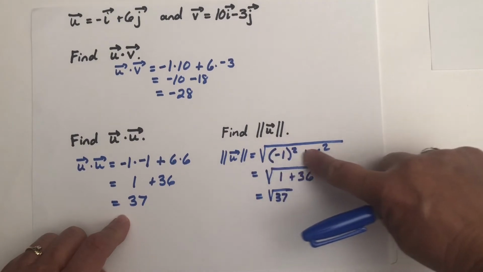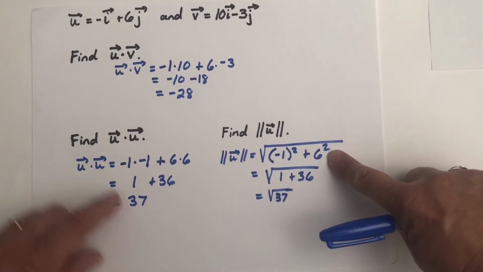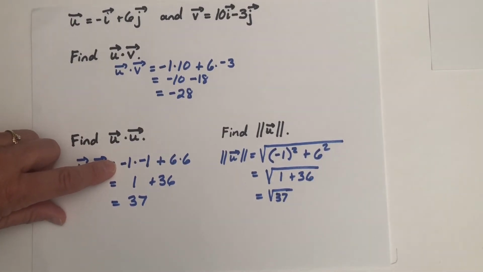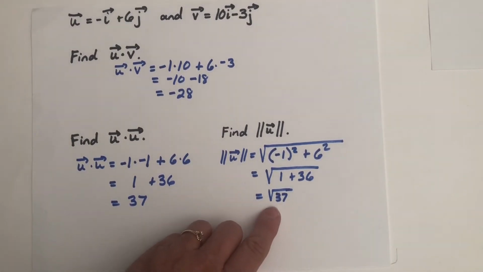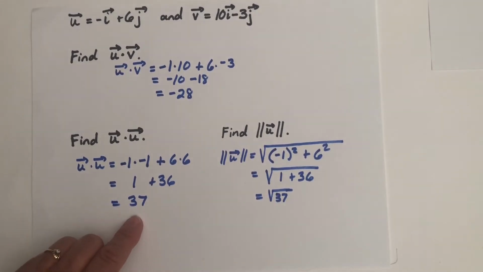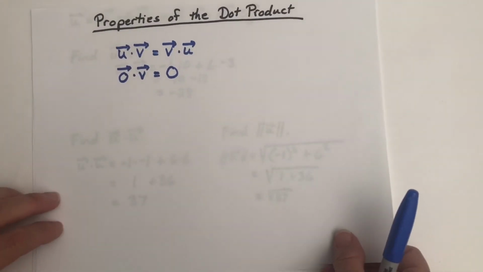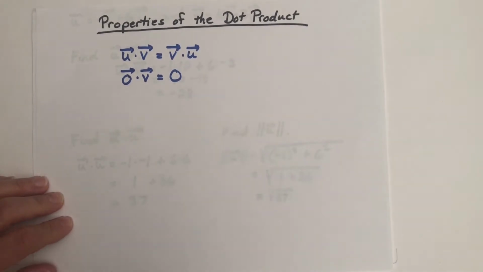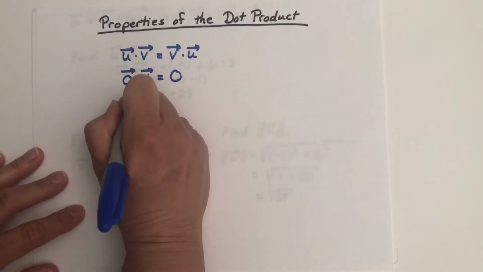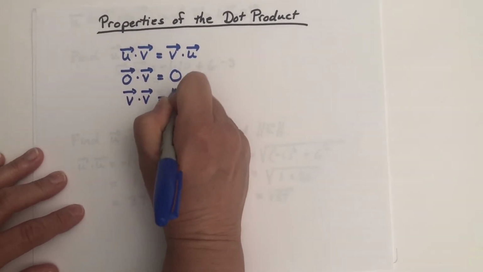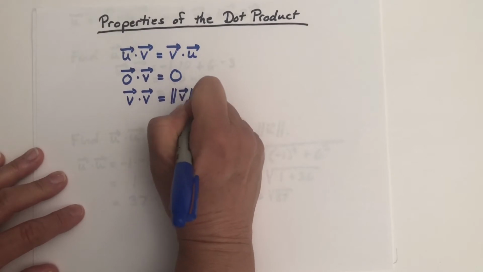Do you see that the radicand, that's the stuff underneath the radical sign, is equal to our dot product? So when you square the magnitude, you'll get the dot product. So let's write that down as another important property here. The dot product u dot u is equal to the square of the magnitude.